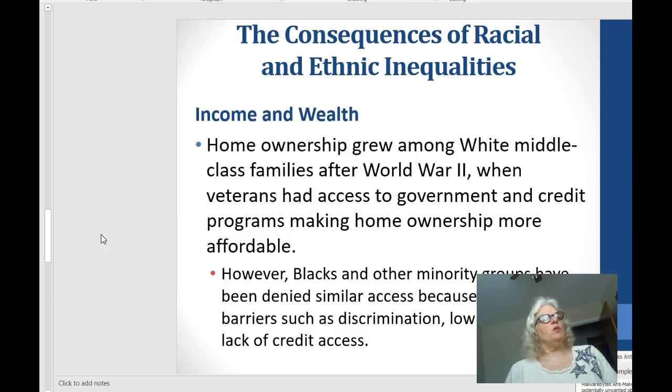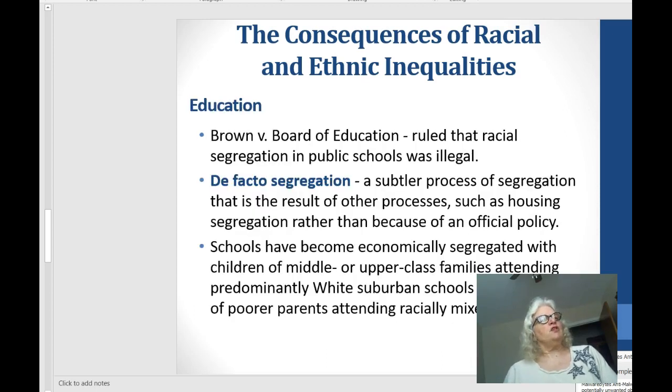But minority groups had been denied similar access to home ownership as well as opportunities at universities. It is only recently that education has changed, and part of that is tied to legislation like Brown versus the Board of Education, and the things that resulted.